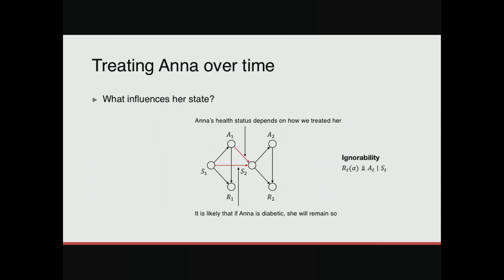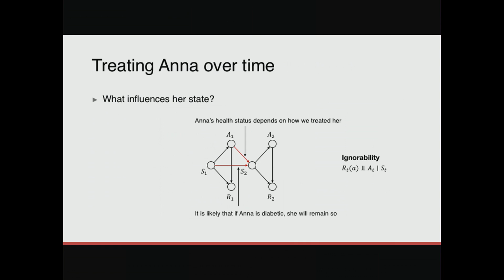If somehow Anna's health status in the future depends on the actions that I take now, then the situation is a little bit different. So this is now not completely independent actions that I make, but the actions here influence the state in the future.